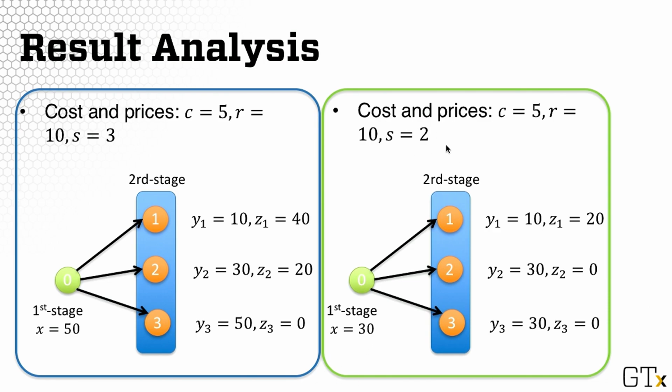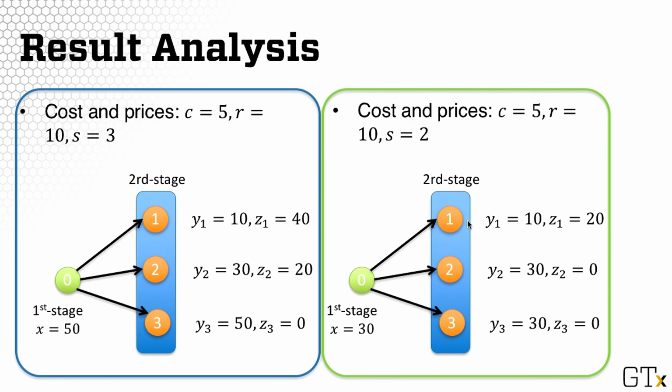If the salvage is less valuable, our production will also be lowered, to 30 units, and all the demand will be satisfied. The only difference is we'll have fewer salvage sales because the salvage price is very low, so we don't want to sell at a loss.